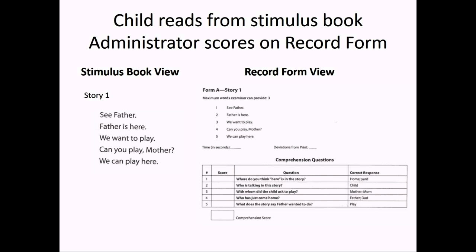So let's go through this in a little more detail, a little more slowly. Oh, also, use a clipboard so the child isn't watching you score. Some of the kids can get very paranoid if they see you marking something wrong, and they're like, did I get that wrong? Can I do that one again? So you don't want them to actually watch you scoring.